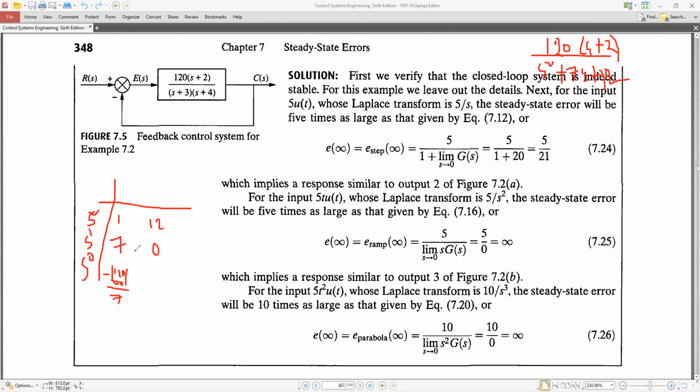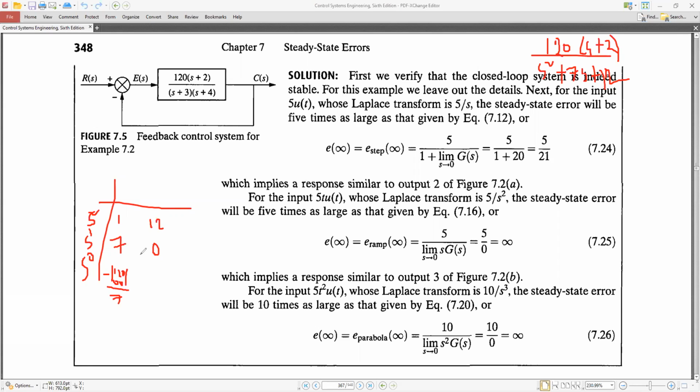So here all whole things would be 0, right? There would be no sign changes. No sign changes. So it is a system, is stable.